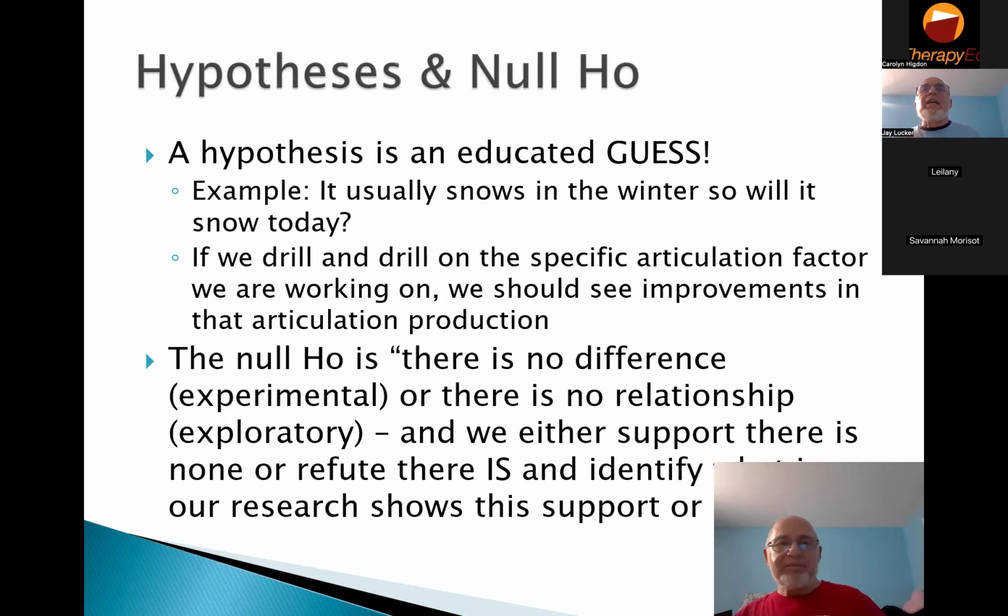Does the material used for this type of therapy show an improvement in, let's say, expressive language for describing things? So we're going to use pictures of something, and the research subjects will describe the pictures.